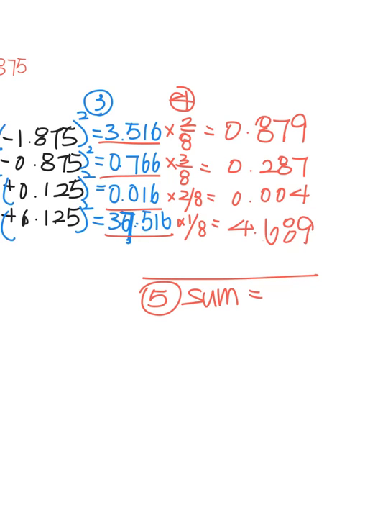When we take the sum, how much is the sum with the 4.689, the last one? The summation will be 5.859. Finally, take the square root of it. The square root of 5.859 will be 2.421.